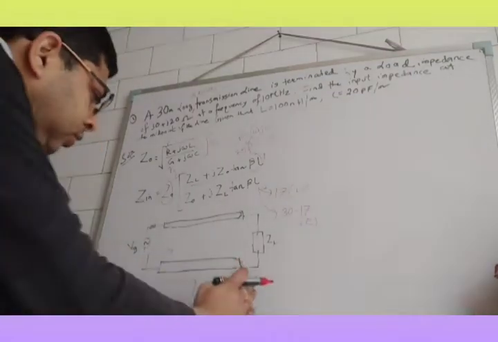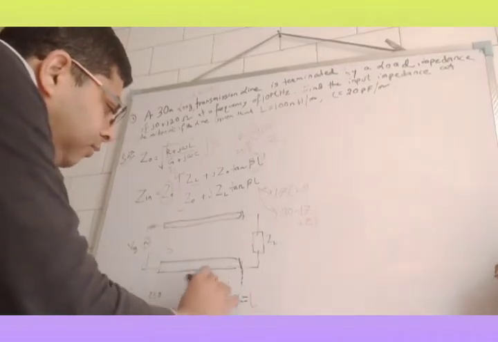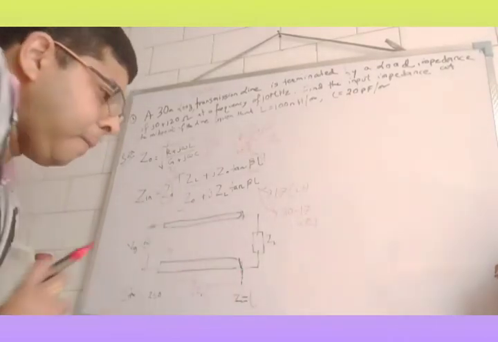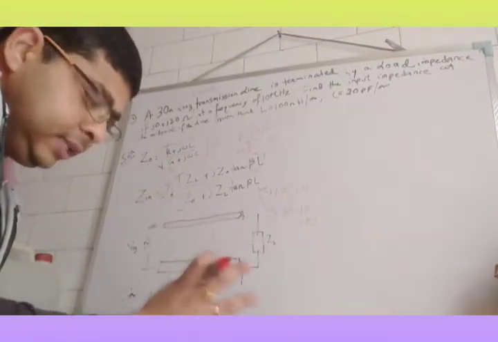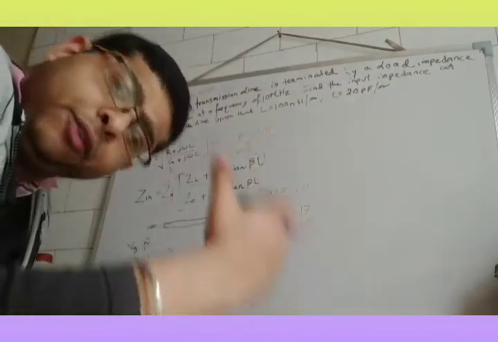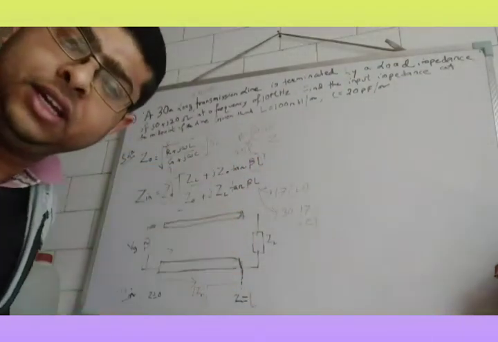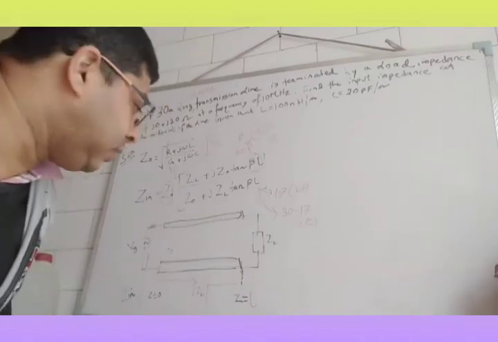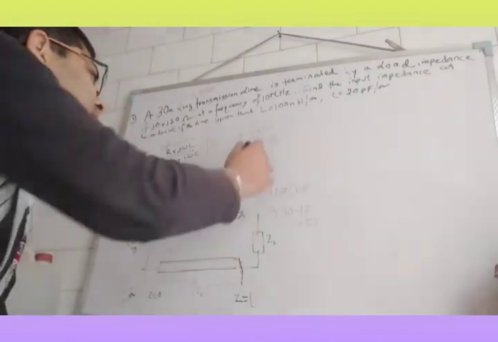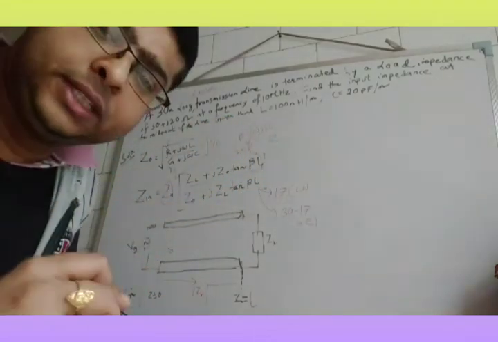Then this is the total length, you need to subtract this, and calculate for this part: 30 minus 17, fine. But if they ask 17 meter from the load end, then just directly put 17. This length is basically being calculated from the load end.